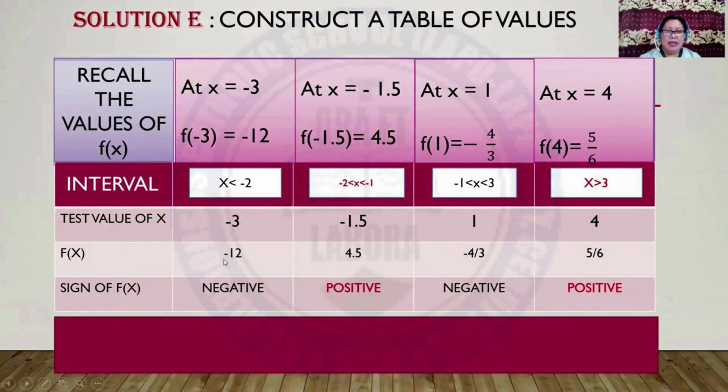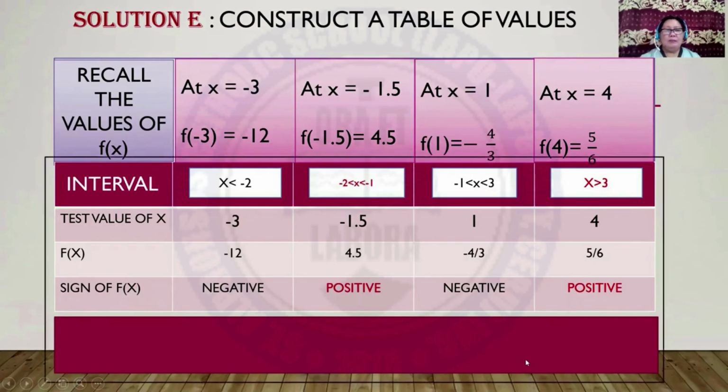This is negative. This is positive. This one is negative. And the other one is positive. Therefore, we will be using this interval and also this interval, because this one gives us the positive result and also this one.